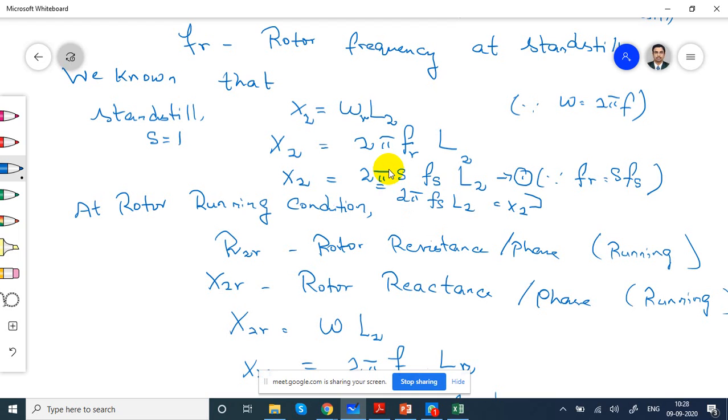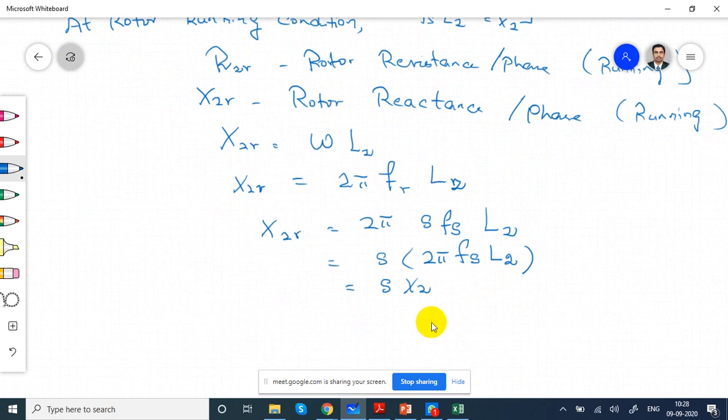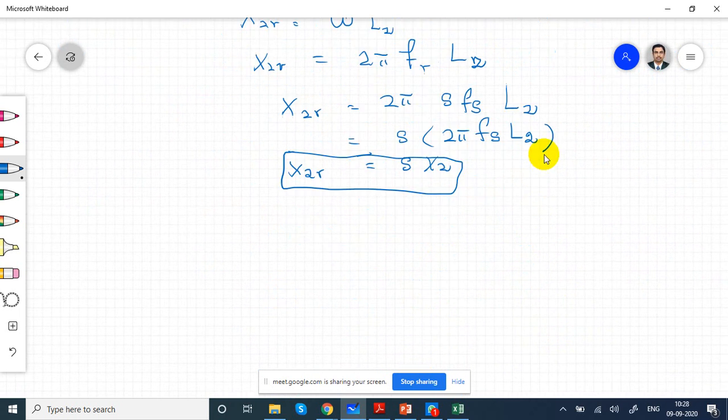So this is my equation number 1. Please substitute it, and you get X2R equal to S into X2.